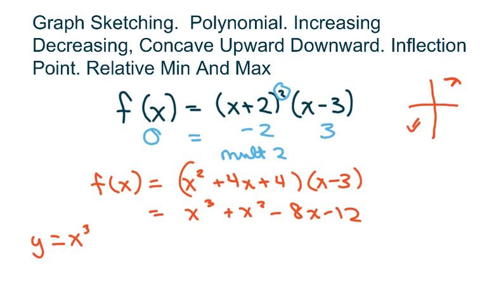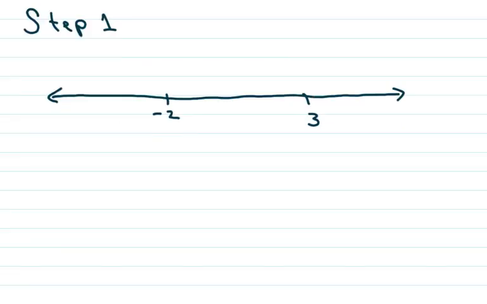Now we have our zeros at -2 and 3. So what we want to do is pick points in these intervals to see what's happening. This is a 0 and this is a 0. What's happening, say, at -3?